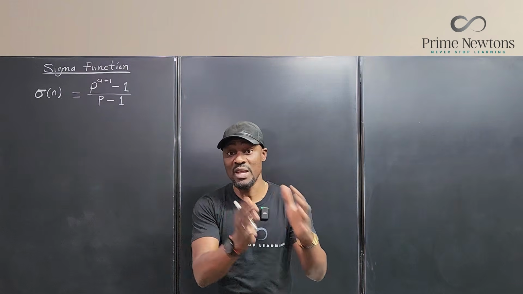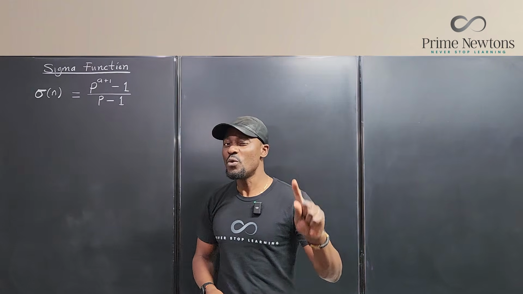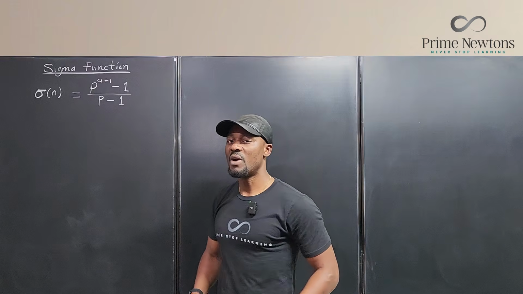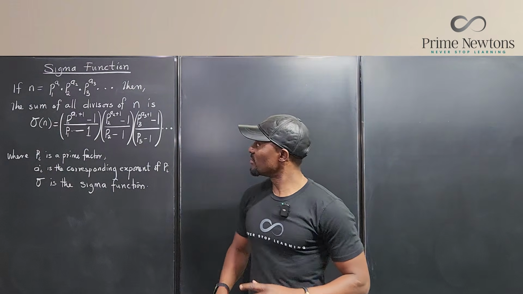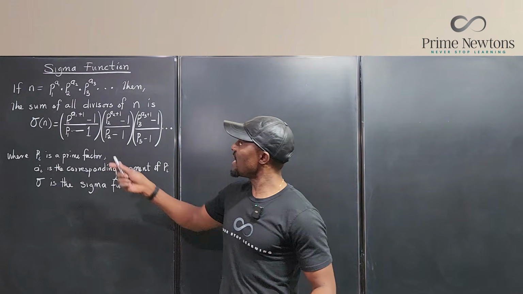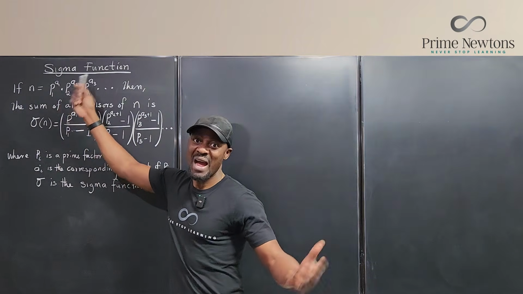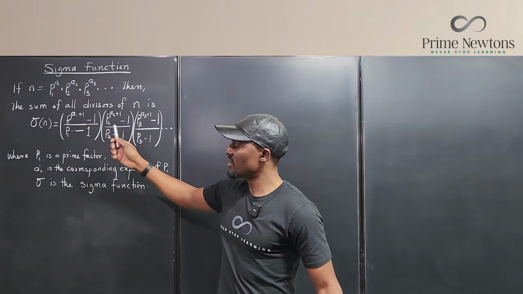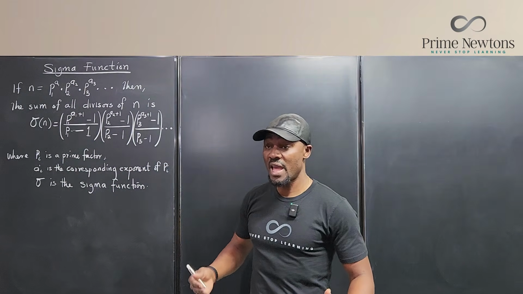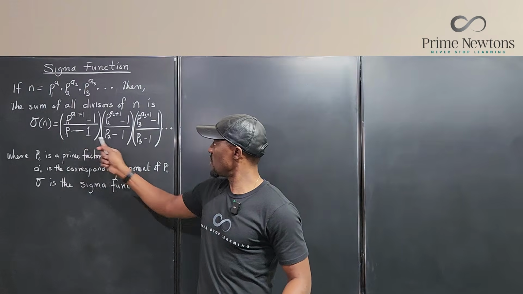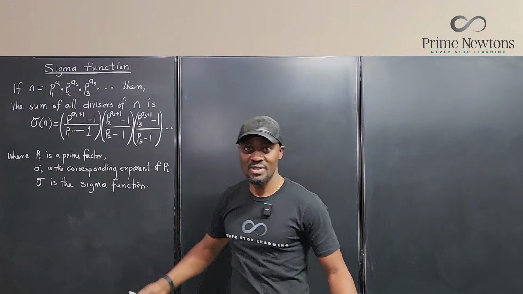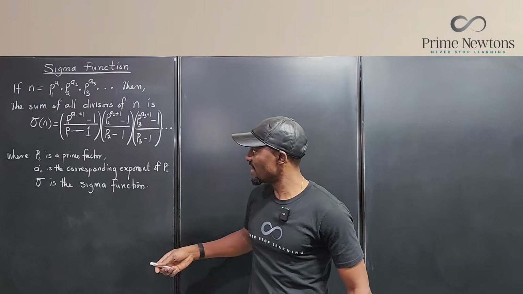You just need to break it down and write it. The true formula is what I'm about to write. So this is the actual definition. If n is the product of some prime numbers written in their powers, then we can say the sum of all the divisors of n would be the product of the sigma of each of these prime expressions that we have here, which I already explained.